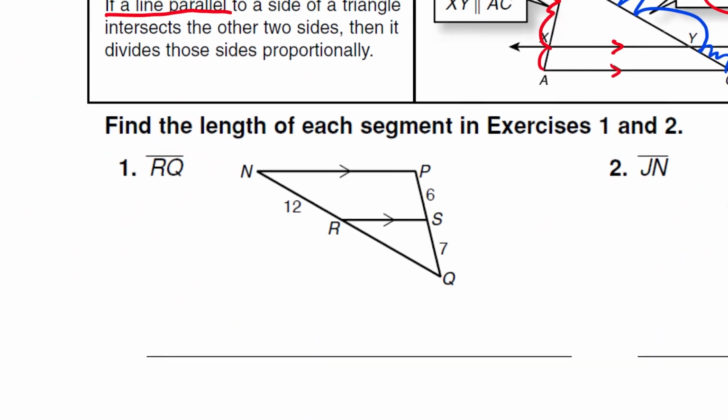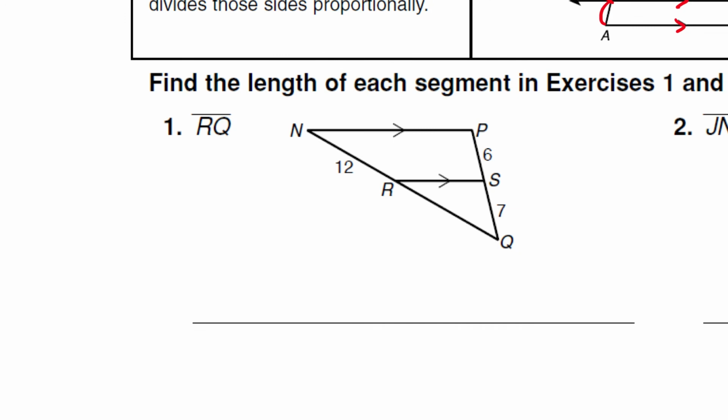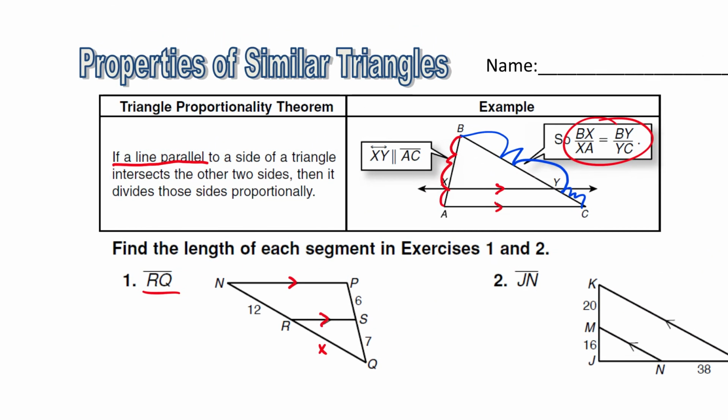Okay, so let's look here at number 1, and we can see right here, parallel lines. First of all, we're looking for RQ, from here to here. Now, there's several ways to look at this and think about this.